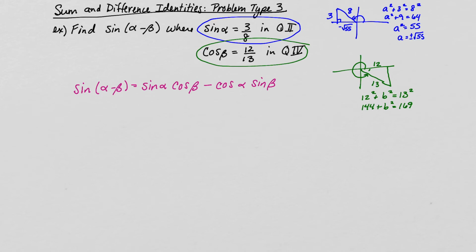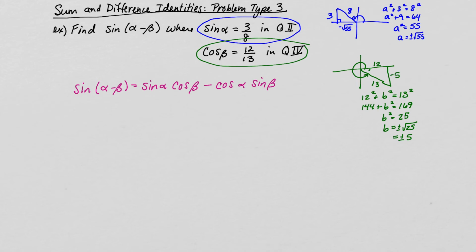And so if I subtract that, b squared is going to be 169 minus 144, which is 25. So b is going to be plus or minus the square root of 25, and that is plus or minus 5. Since b is going down here, our b is going to be that negative 5.